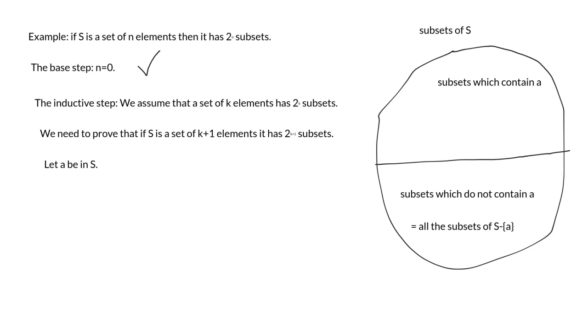Because every subset of S minus A has to be in here, and every subset here is a subset of S minus A. Also, because S minus A has k elements, by induction hypothesis, we know that it has 2 to the k subsets. Therefore, there are 2 to the k subsets in this part.